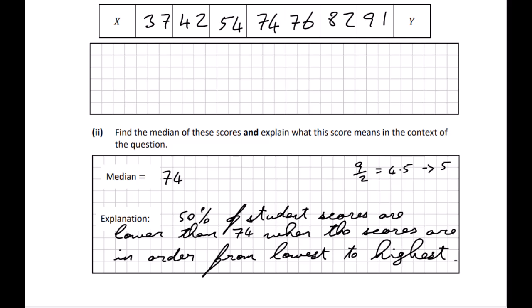So 50% of the students' scores are lower than 74 when the scores are in order from lowest to highest. That's the median.